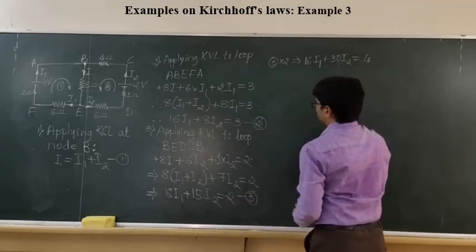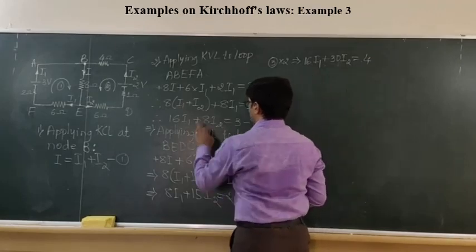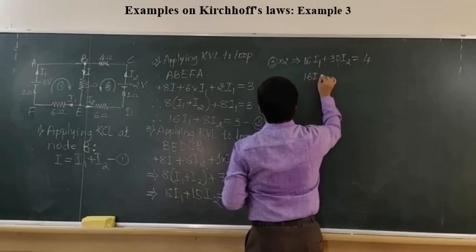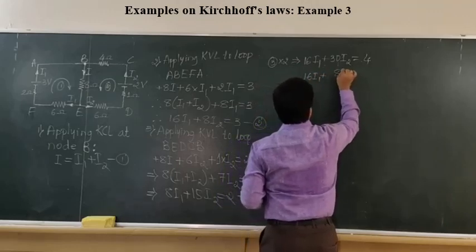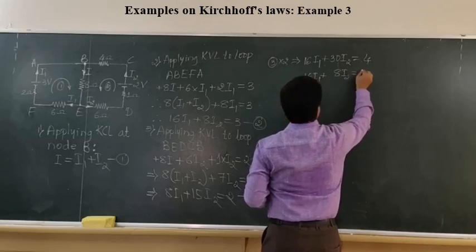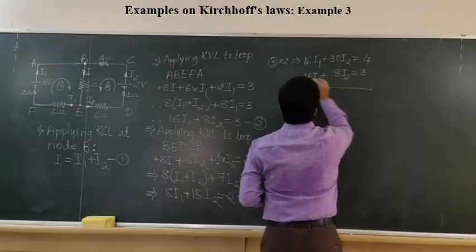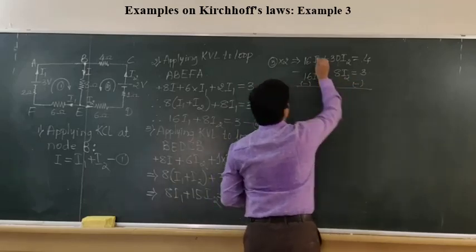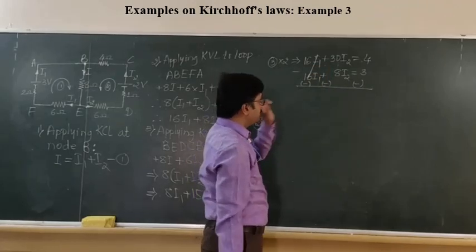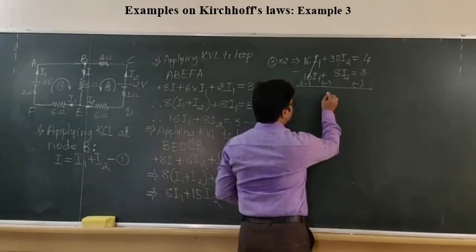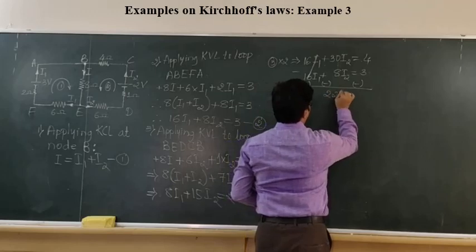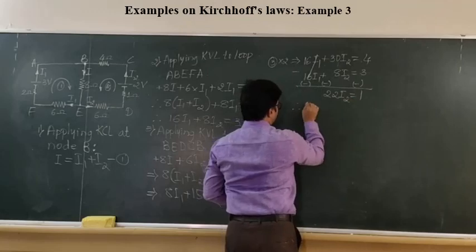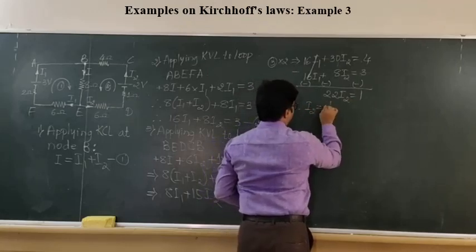Then equation 2 I will write as it is: 16I1 plus 8I2 is equal to 3. Now let us subtract this. So 16I1 cancels off. 30 minus 8 is 22. So 22I2 is equal to 4 minus 3, 1. Therefore I2 is equal to 1 by 22.